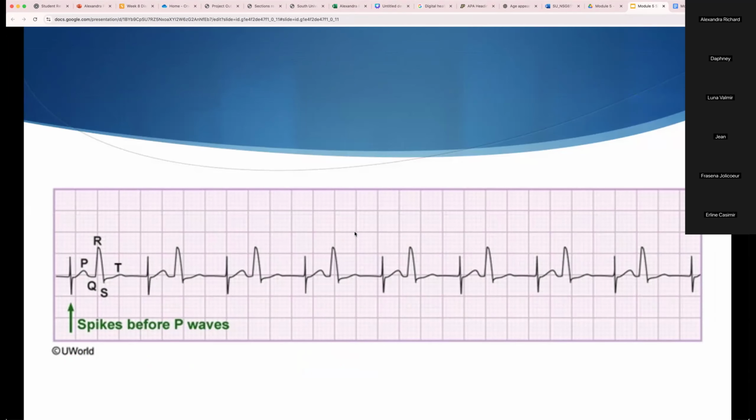So if you got this EKG strip on the NCLEX, does this patient have a surgical implant of some type? And if so, what is it? They have a pacemaker. Very good. And so is this patient atrial paced or ventricular paced?